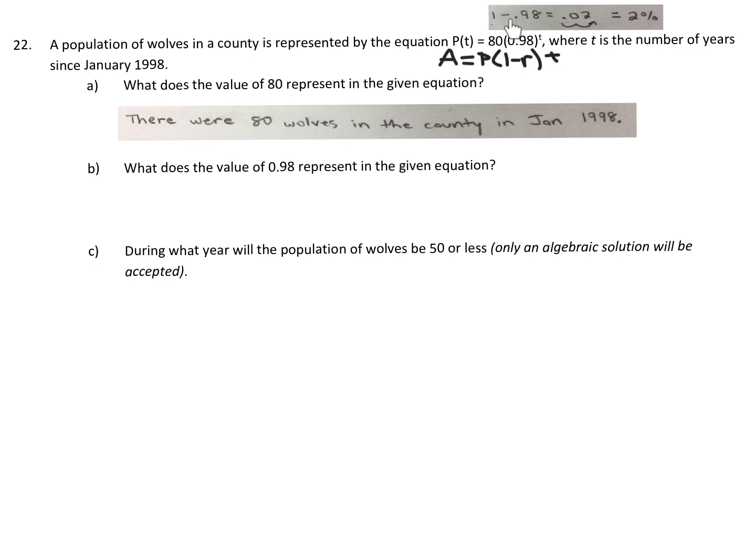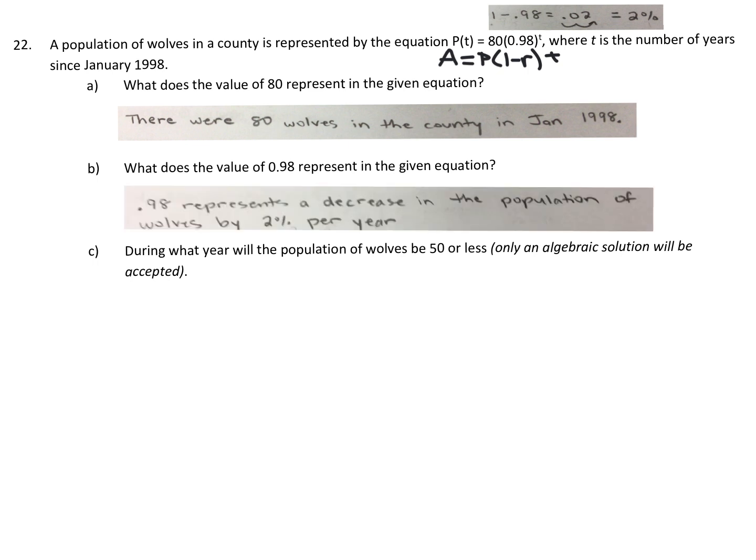So 1 minus 0.98 would give you 0.02, which if you move the decimal over twice is 2%. So if you want to figure out what the rate is, you can just do 1 minus the number that's in the parentheses. What this value represents is, since it's less than 1, exponential decay. So what's decaying here? The population of wolves. So the population of wolves is decreasing by 2% per year, really since January of 1998.